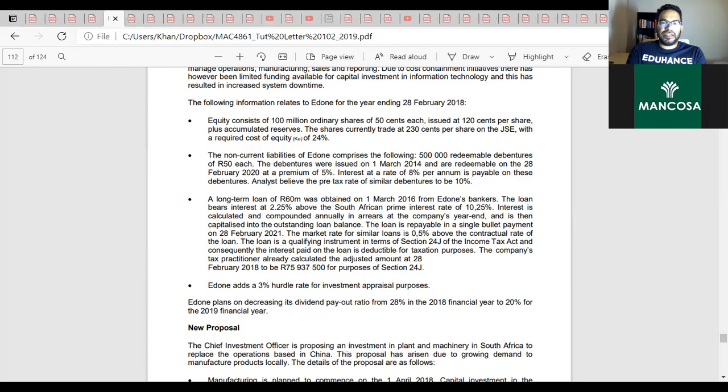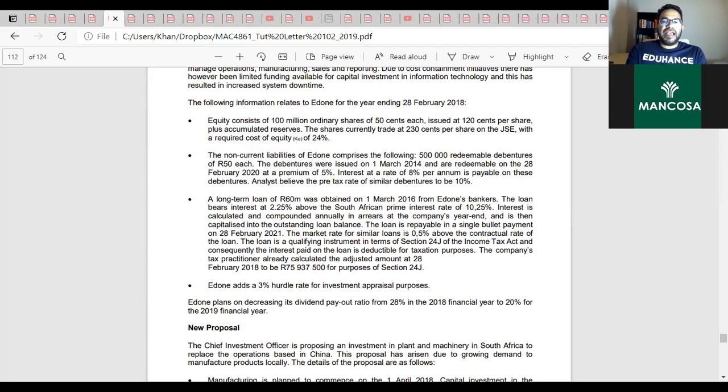Interest is calculated and compounded annually in arrears at the company's year end and is then capitalized into the outstanding loan balance. The loan is repayable in a single bullet payment on 28 February 2021. The market rate for similar loans is 0.5% above the contractual rate of the loan.